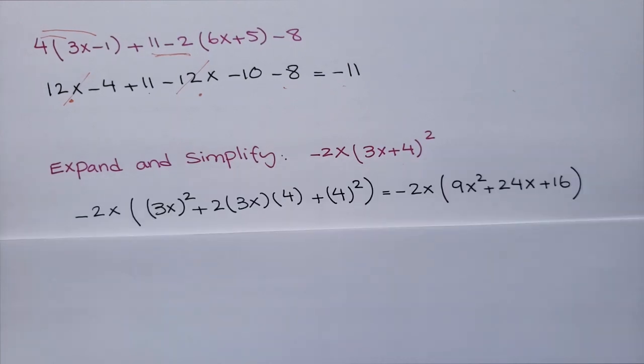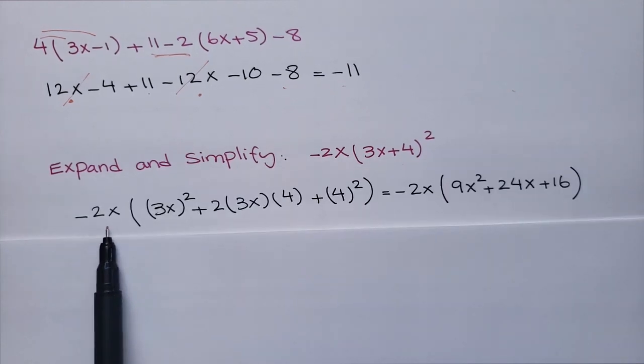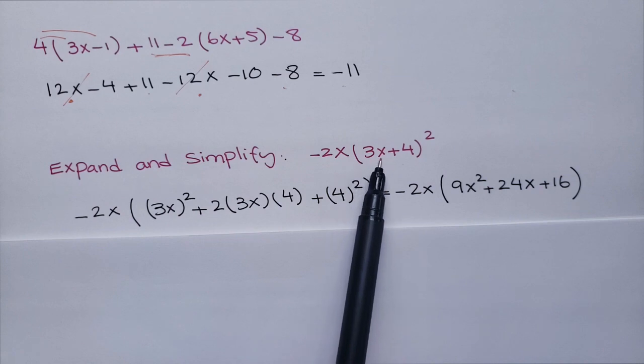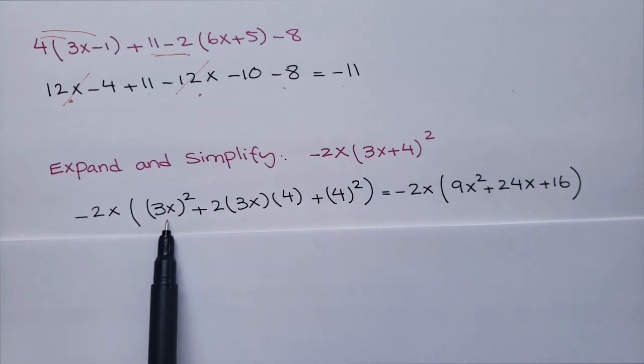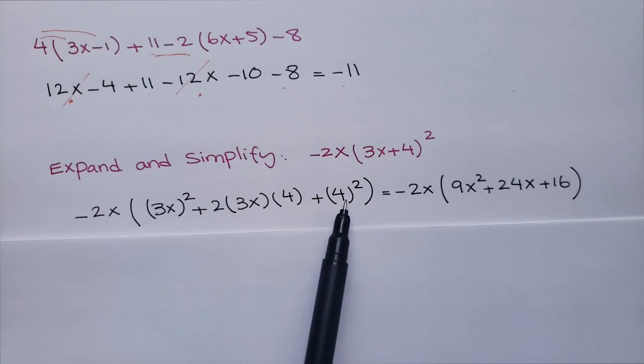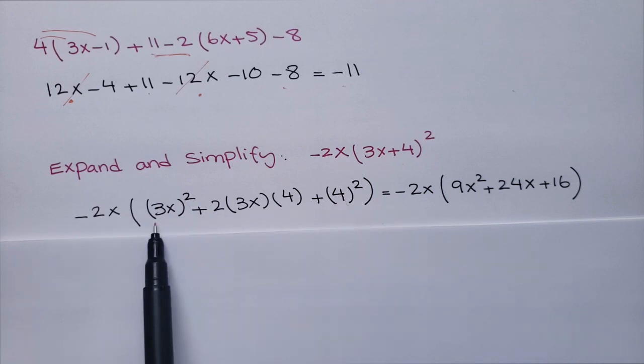So let's do it step by step. I keep negative 2x in front because the exponent has priority. As I just mentioned, that would be the first term, that's the second term: first term to the power 2, 2 times first term times second term, second term to the power 2. Let's simplify inside the parentheses.